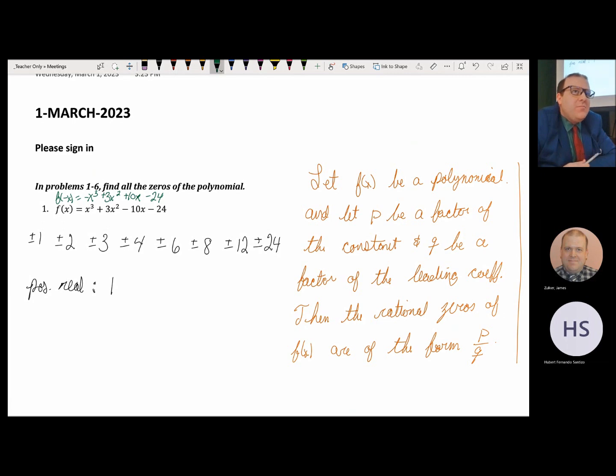Even powers of x stay the same. What's negative x cubed? Negative x cubed, right? What's negative x squared? Positive x squared, right? A negative number raised to an even power is always positive.